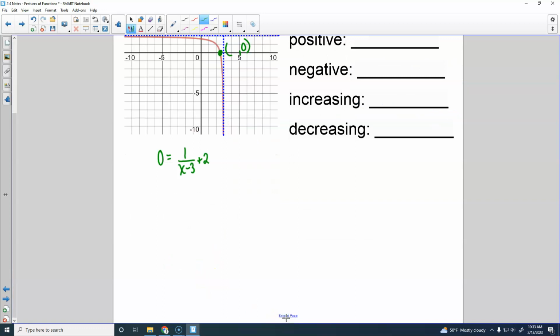And I could solve this equation. I would need to subtract 2 from both sides. So negative 2 would equal 1 over x minus 3.